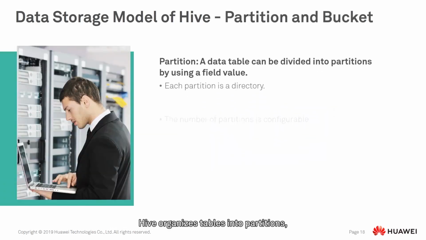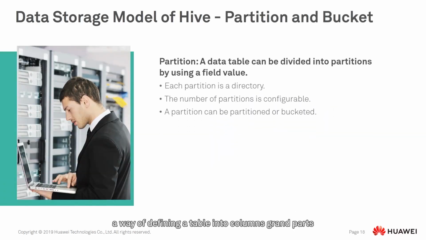Hive organizes tables into partitions, a way of dividing a table into coarse-grained parts based on the value of a partition column, such as a date. Using partitions can make it faster to do queries on slices of the data. To take an example where partitions are commonly used, imagine log files where each record includes a timestamp.